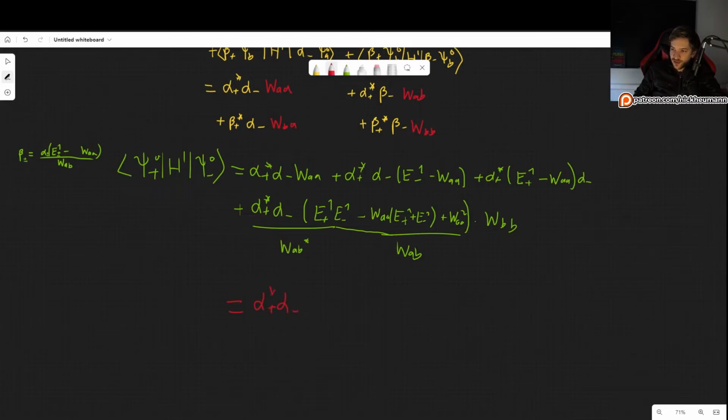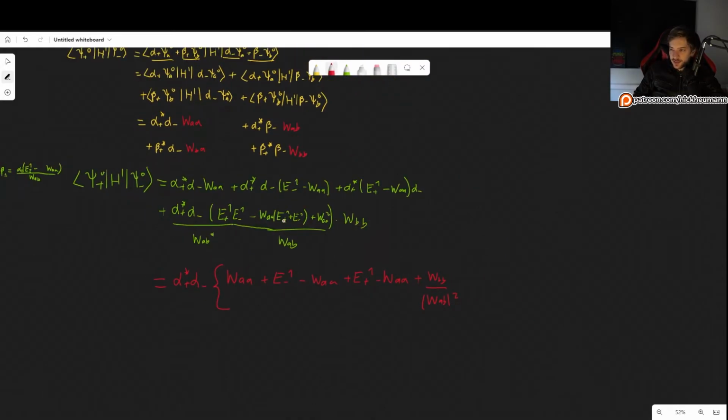As you can see, we can factor out alpha plus, alpha minus from every single term. So here we get WAA. From this, we get E minus 1 minus WAA. From here, we get plus E plus 1 minus WAA. And then we have this thing right there, which is WBB divided by the modulus of WAB squared.